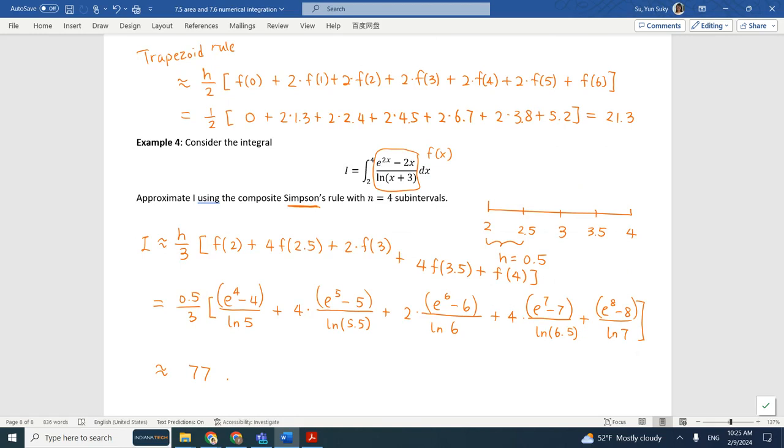Okay, let's see. This is about 700. Oh, I also get 700, but I get 777 point. Maybe the parentheses.